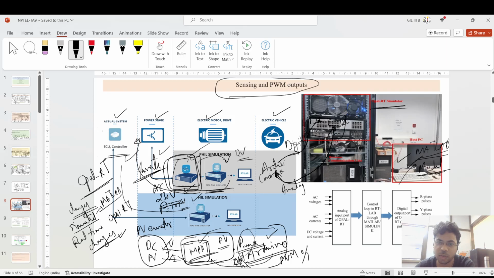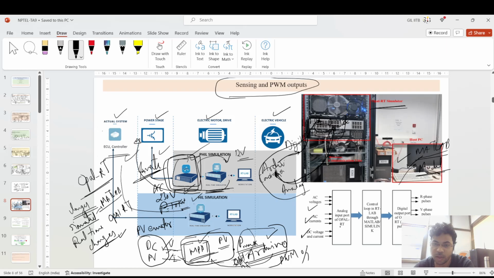You have sections such as analog input, analog output, digital input and digital output ports. Here you can see that there are 32 ports. Based upon that, you can use this real-time simulation and the closed loop algorithm, CHIL or HIL.